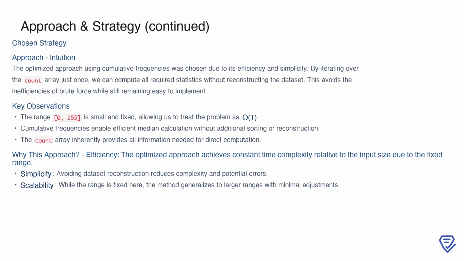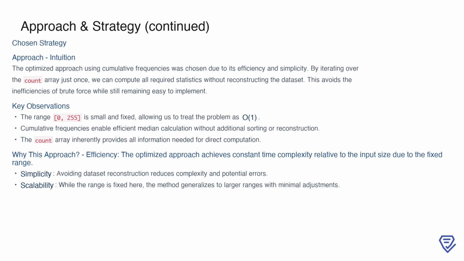There are several key observations that make this method particularly suitable. First, the fixed range of 0 to 255 allows us to treat the problem as having constant time complexity, or O(1). Second, cumulative frequencies enable efficient median calculation without requiring additional sorting or reconstruction steps.